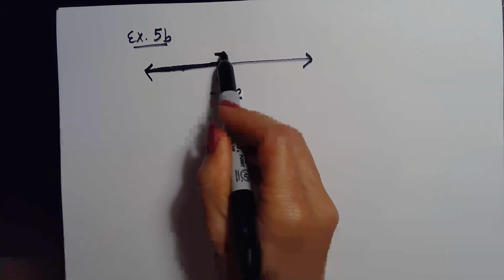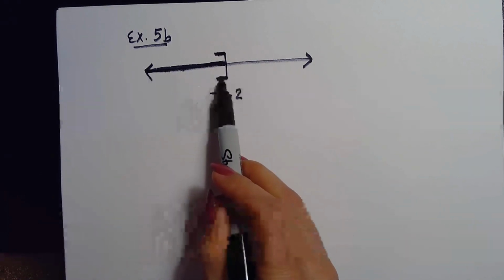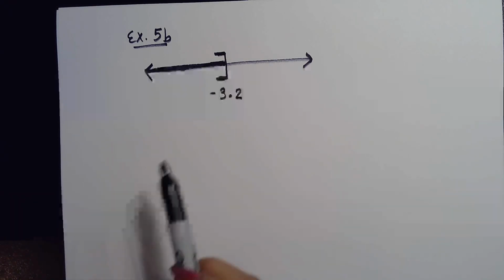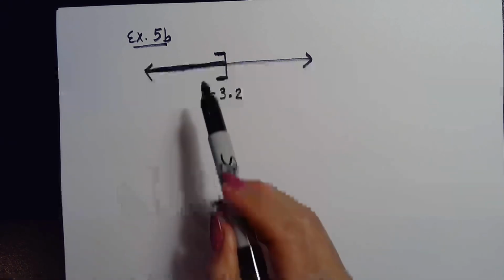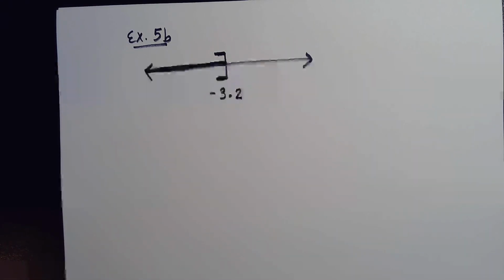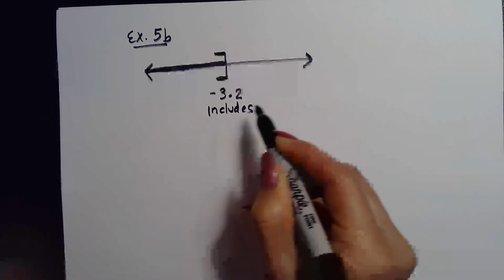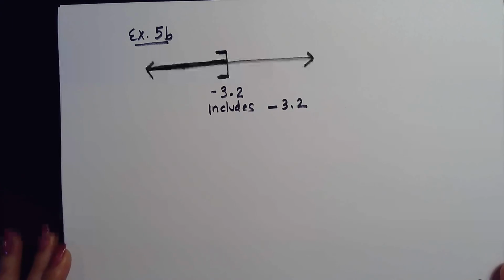That means, you see this bracket, so it's closed. Whenever you see the closed parenthesis, it means that you are including the number. So negative 3.2 is included. If it's an open parenthesis, that means that it's excluded. So this one includes negative 3.2. So we need to write the inequality that corresponds to this graph.